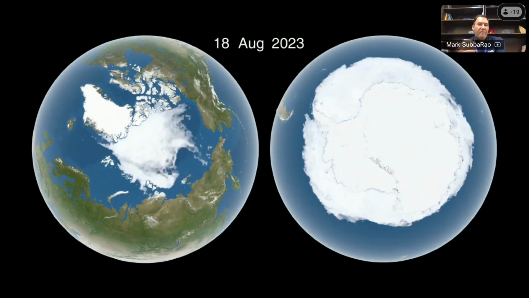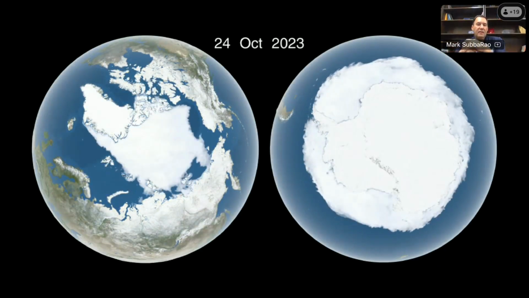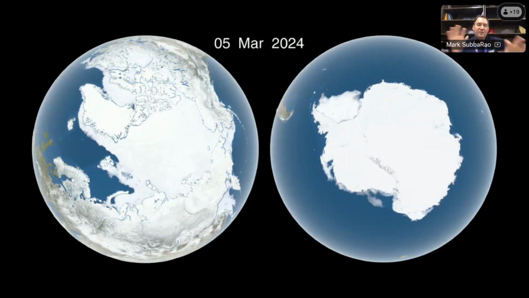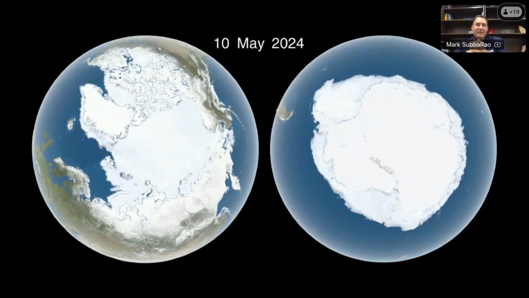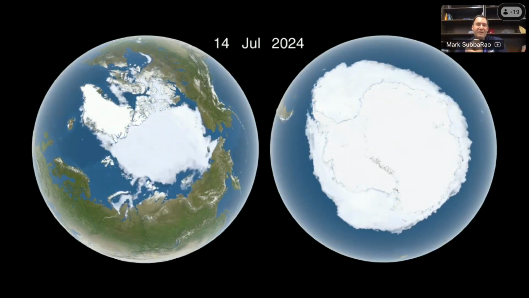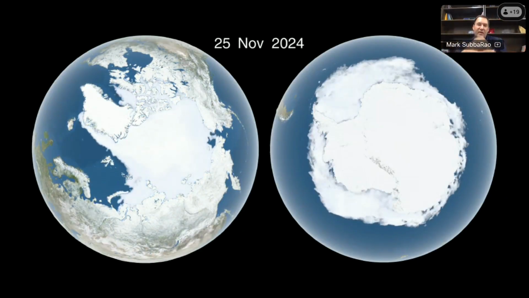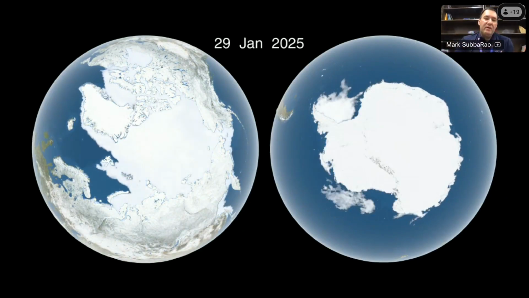As well as we are constantly updating visualization. In this case, it's side by side, so we sort of see the progression of the seasons in opposition. And this is being updated every day, this video, and it's downloadable on our site.